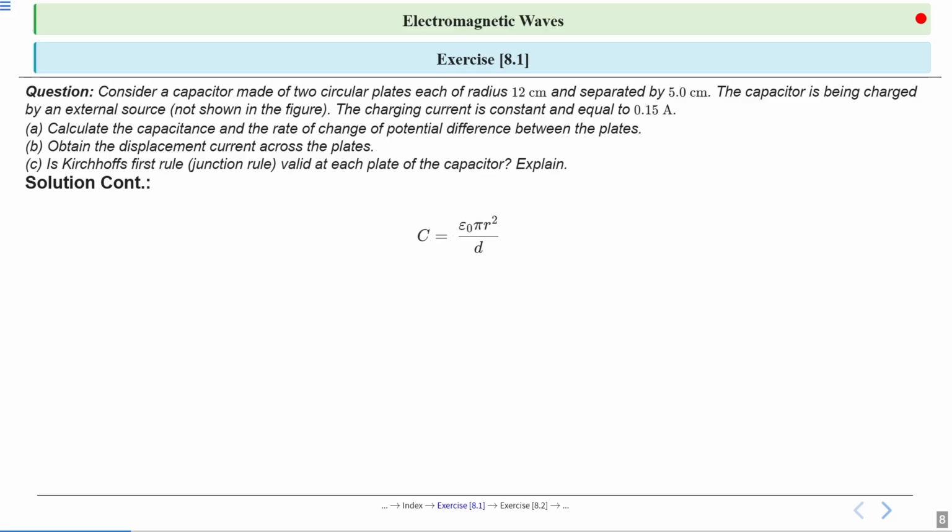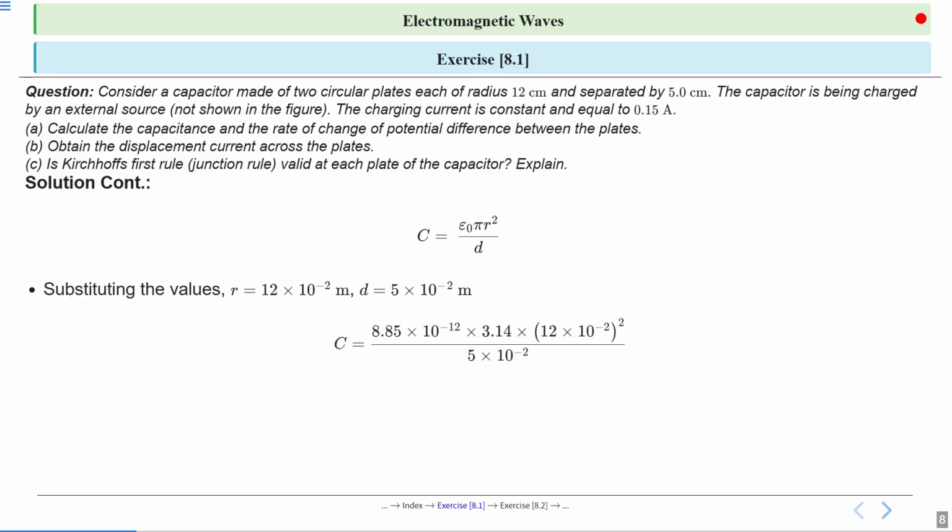So substituting the values, r equal to 12 into 10 raised to the power minus 2 meter and d equal to 5 into 10 raised to the power minus 2 meter. C is equal to 8.85 into 10 raised to the power minus 12 into 3.14 into the radius, 12 into 10 raised to the power minus 2, squared, upon 5 into 10 raised to the power minus 2.